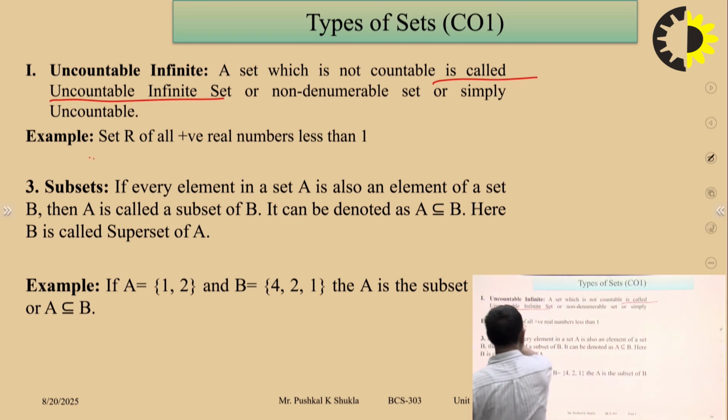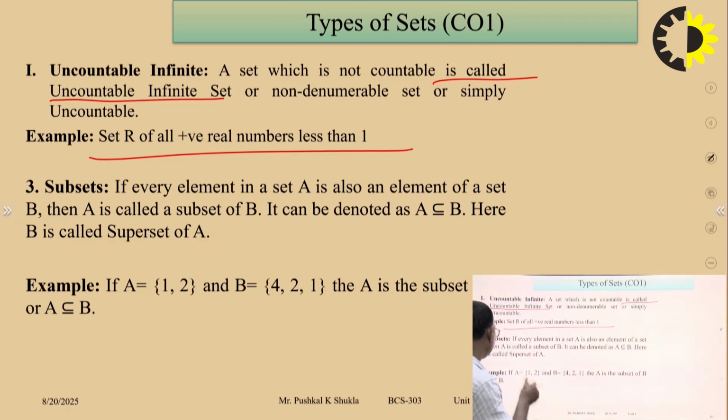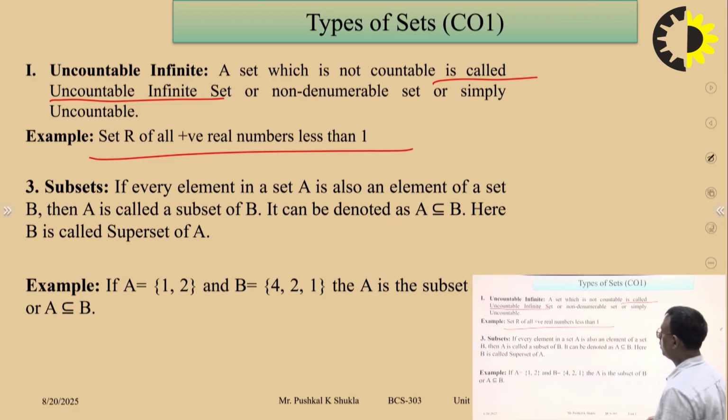That is, the set of all positive real numbers less than 1, it means positive real numbers less than 1, is the case of the uncountable infinite.